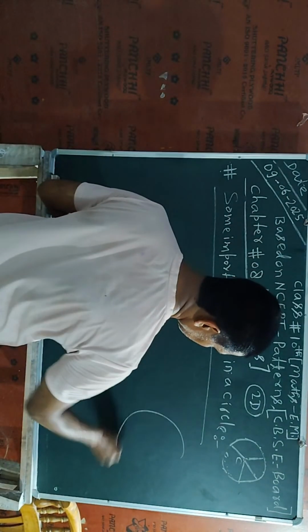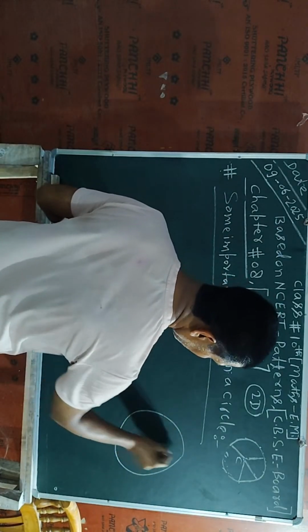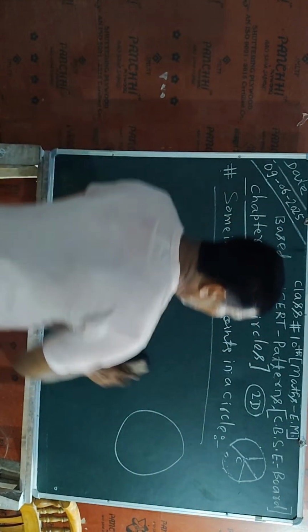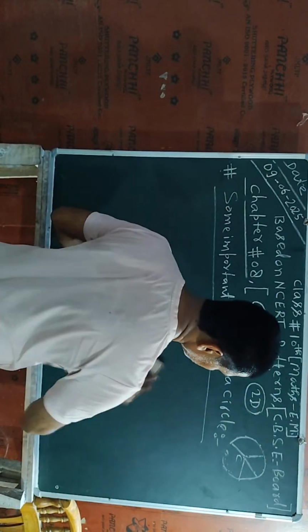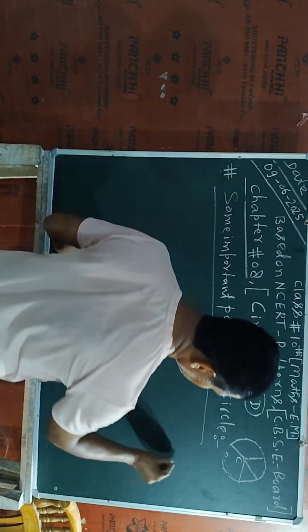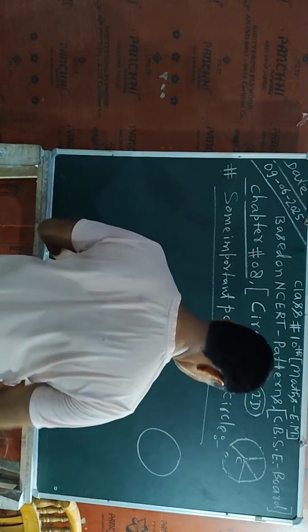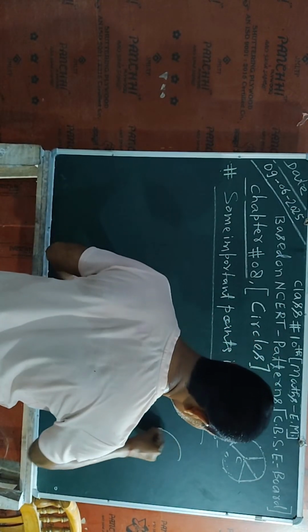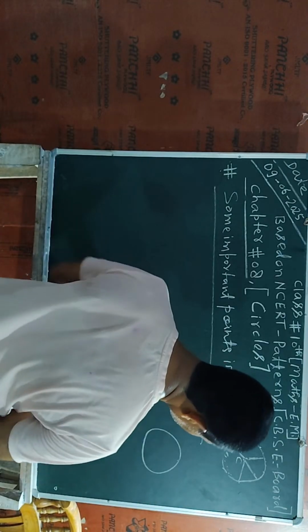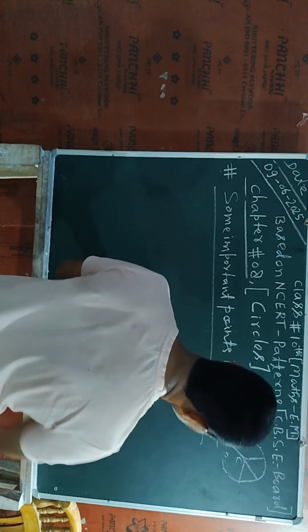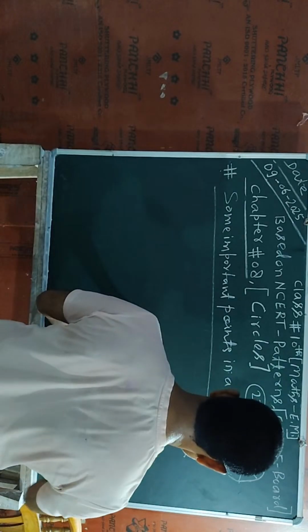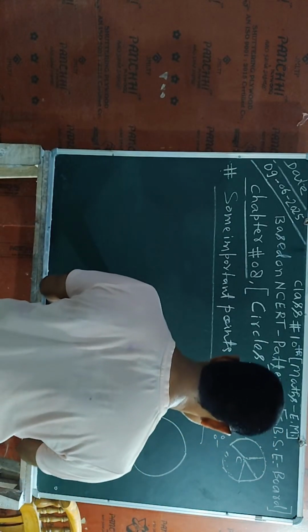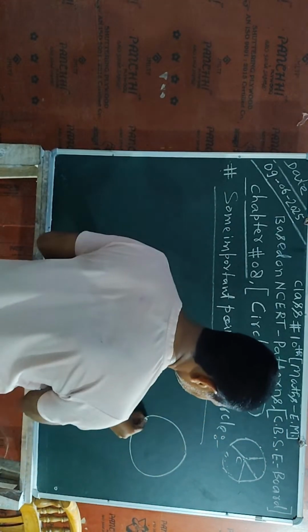Suppose this is a circle. We have to explain the concept of segments. First of all, I will explain about the chord.